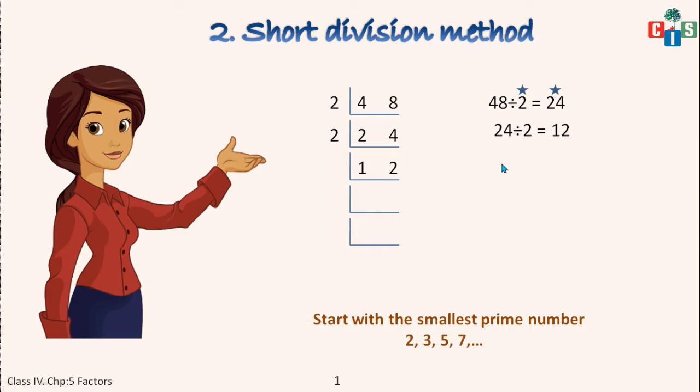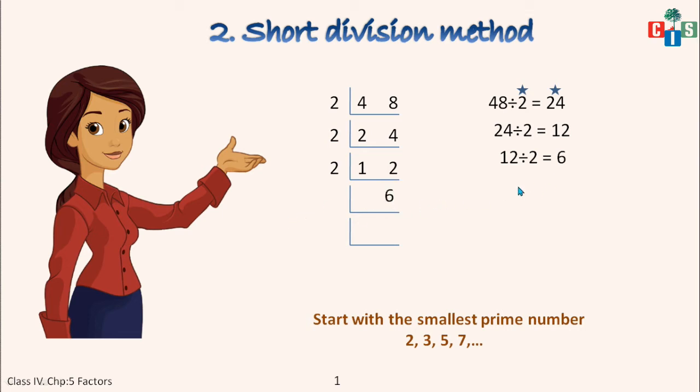Now again I have to divide 12. 12 you can divide by 3 also, you can divide by 2 also. But we will follow our rule. The rule is to use the smallest prime number. So smaller than 3 is 2. So we will have 2. So 12 divided by 2 will give me 6. This 2 I will write outside and this 6 I will write inside below 12.